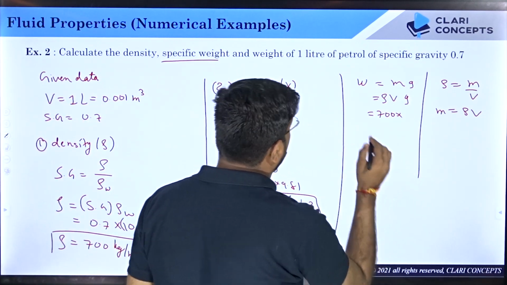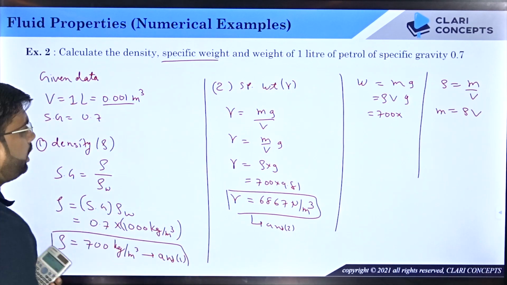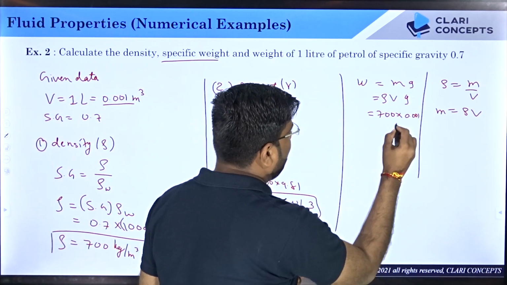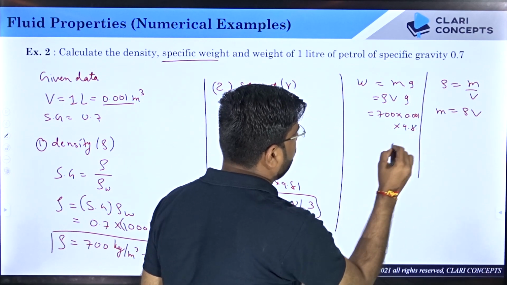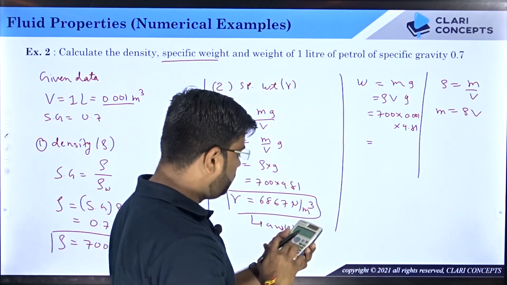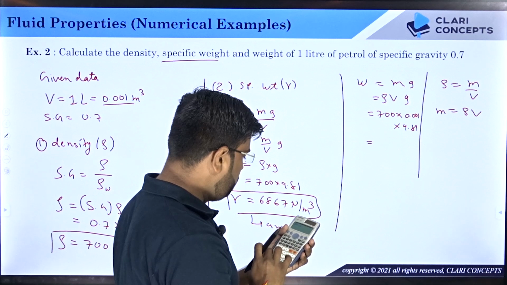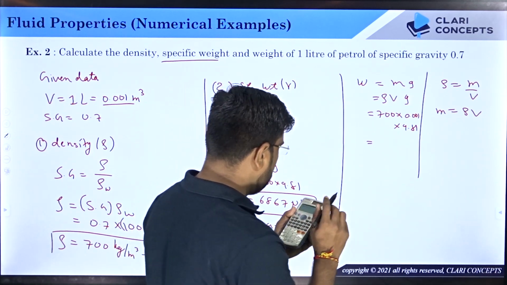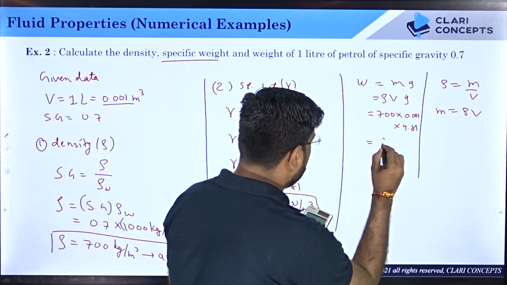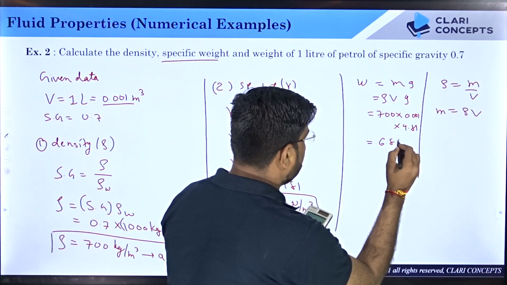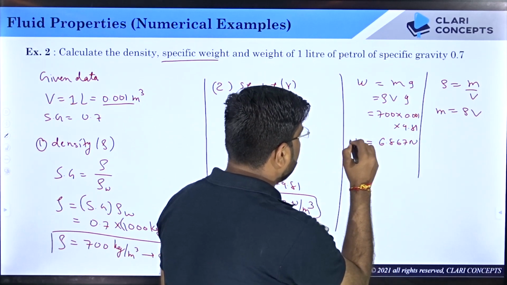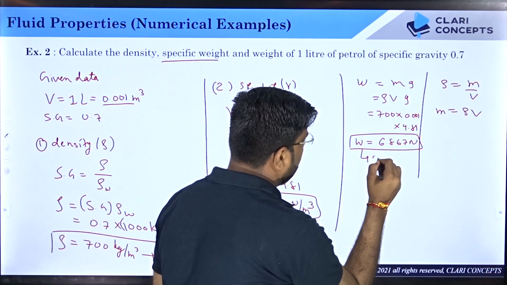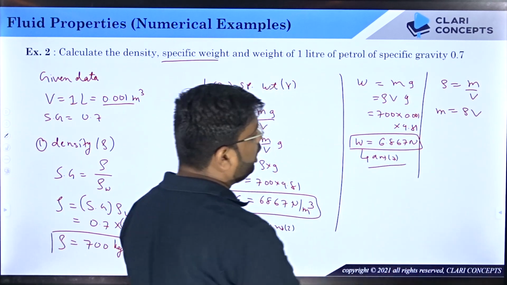What is the volume you are looking for? 1 liter, which is 0.001 meter cube. And G is 9.81. So this is somewhere around 6.867 Newton. Answer number 3. 6.867 Newton is the weight of the petrol whose volume is 1 liter.